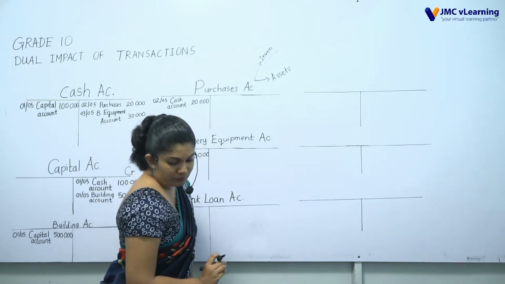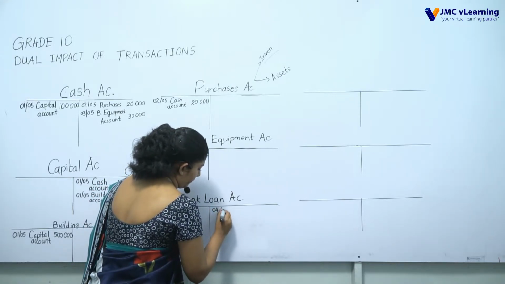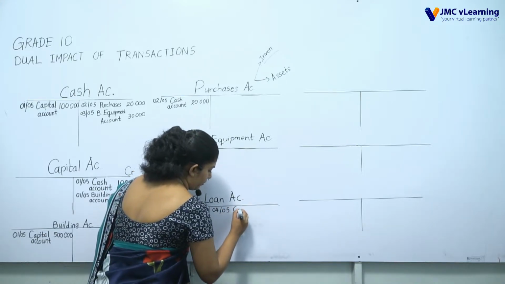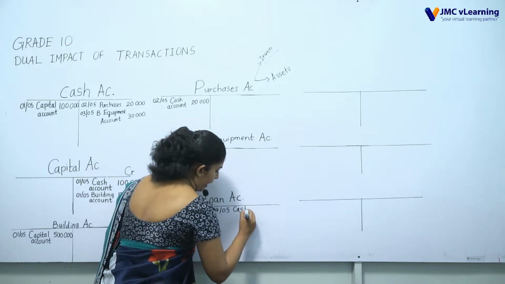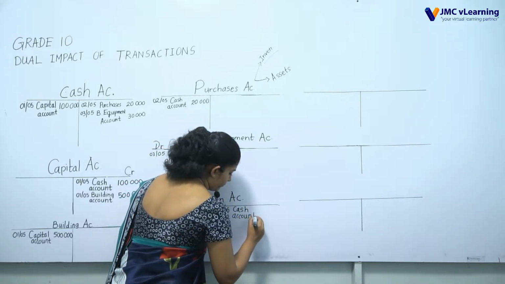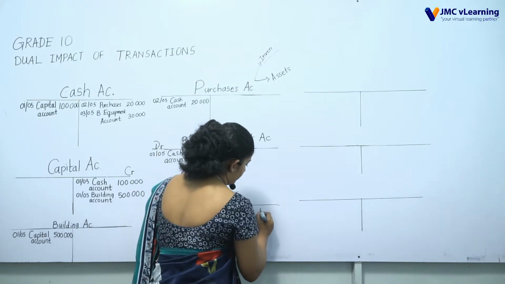The date is 4th of May. We receive cash. Therefore, cash account, $100,000.